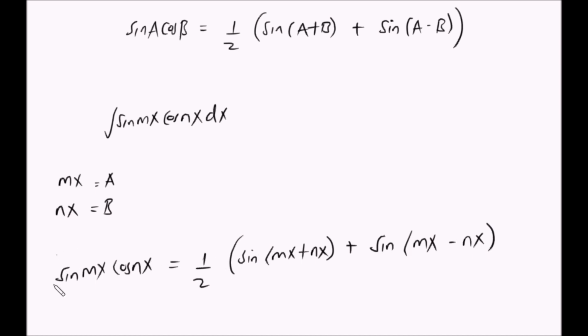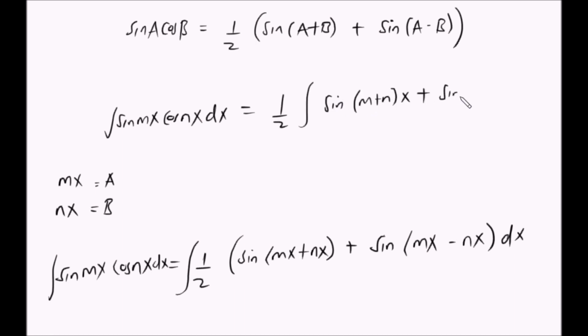So when you integrate with respect to x, the 1 over 2 is a constant, so take it out. We're going to have sine of (m plus n) times x plus sine of (m minus n) times x. So we're going to integrate all of this with respect to x.